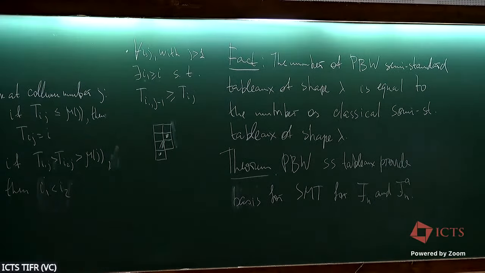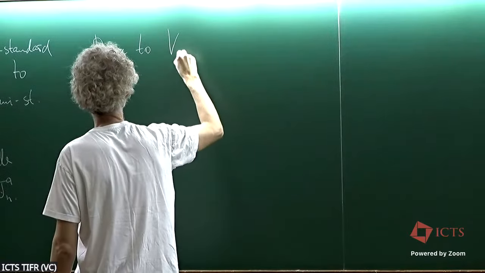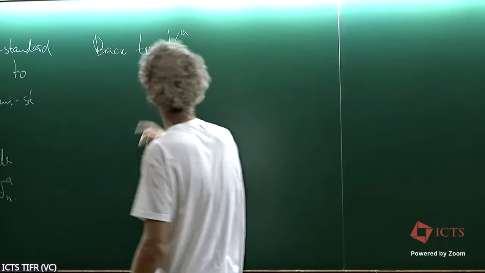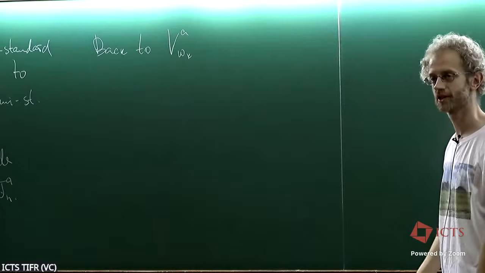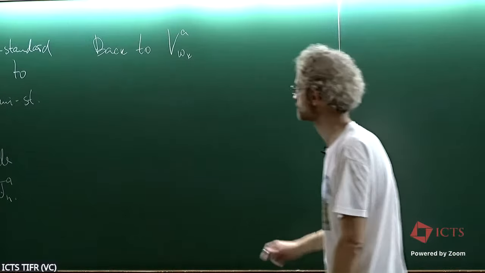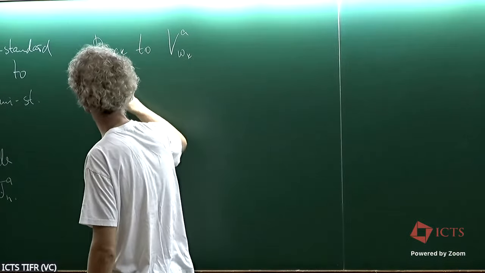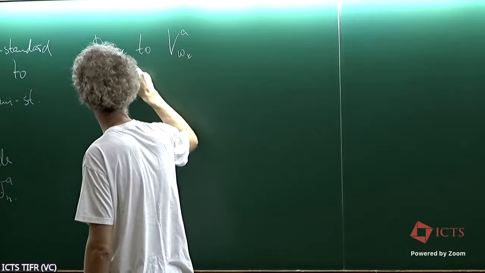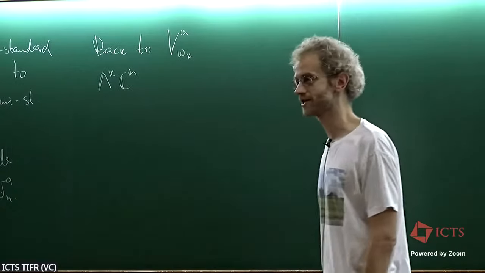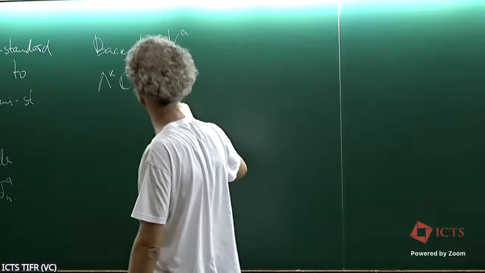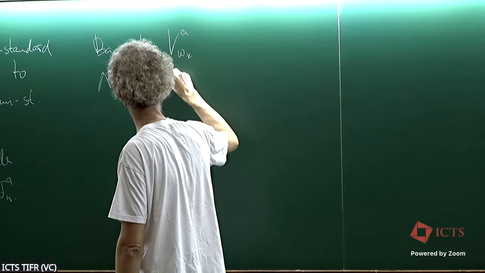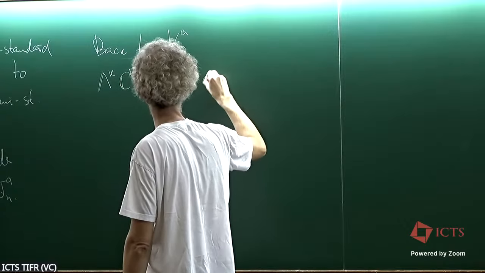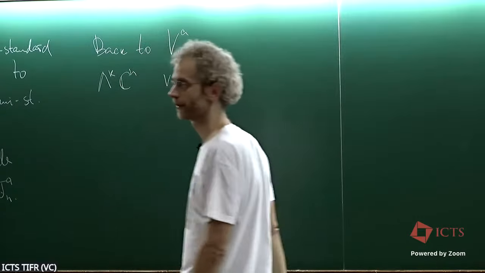And for that, let me get back to V_omega_k. So you remember the classical fundamental representations are just wedge powers of C^n. And we have a basis here, of the form v_i1 wedge ... wedge v_ik.